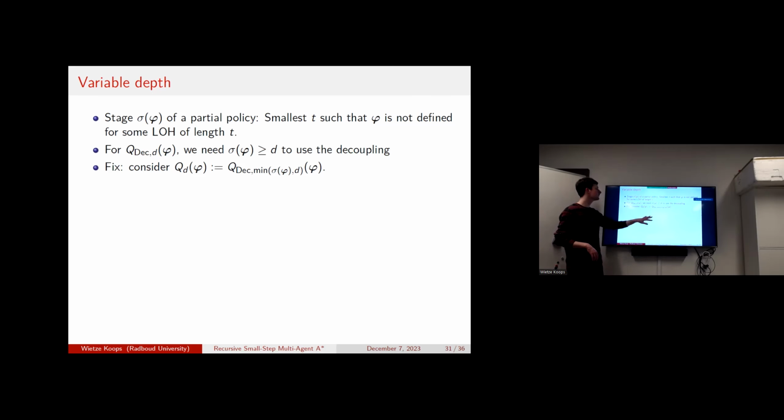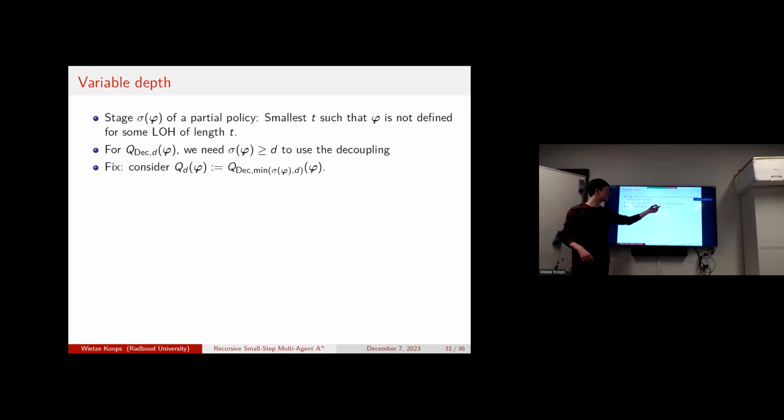And so to use this equation, the stage has to be at least D because it has to specify the action for these first D stages. To fix that, we define the depth D heuristic as the heuristic that increases the depth up to D, and if the stage is smaller, it's just the stage.